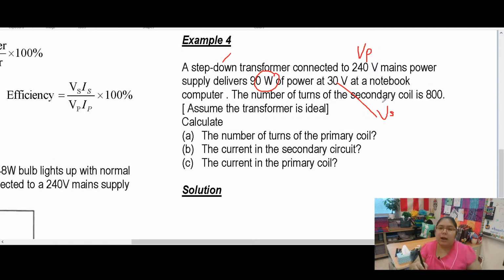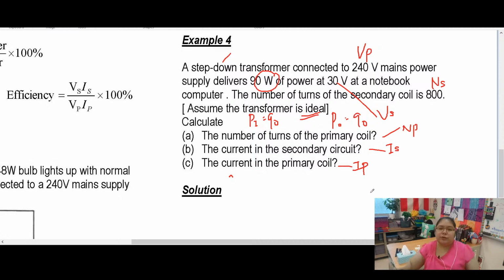The number of turns NS is 800. Assume the transformer is ideal, so we understand that ideal means PI is 90 and PO is also 90. A, they want to find the number of turns in the primary coil, NP. B, they want to find IS, the secondary current. Last, they want to find the current in the primary.